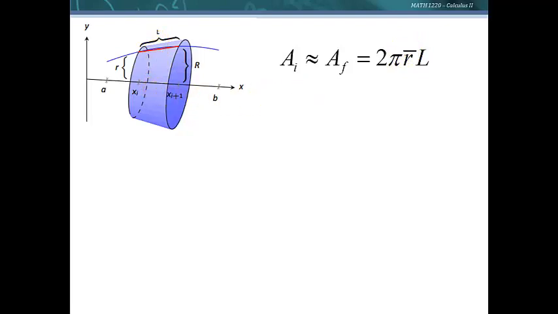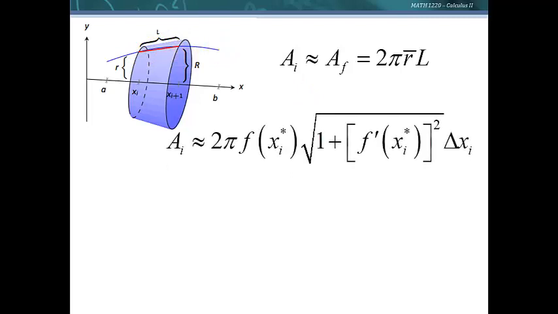And we can also approximate the length of this curve with this line segment like we did in the last section. So the area that's formed as we rotate this piece of the function between x sub i and x sub i plus 1 about the x-axis can be approximated by 2 pi.